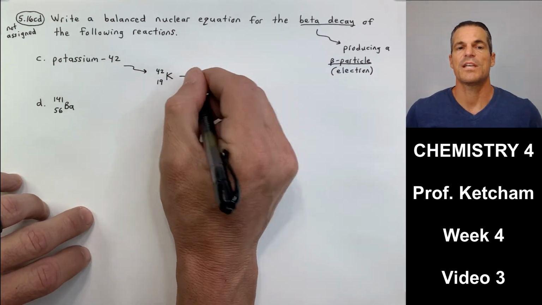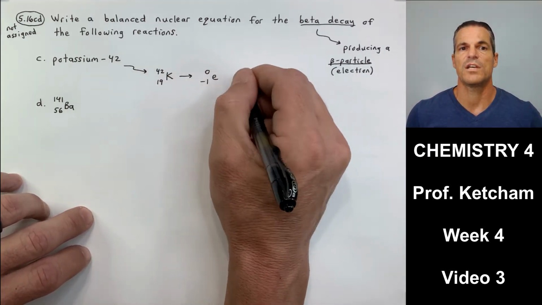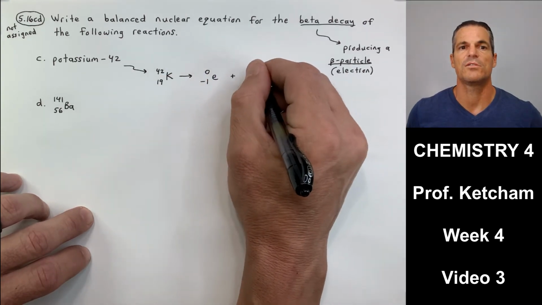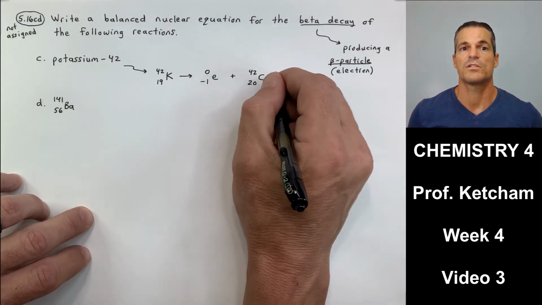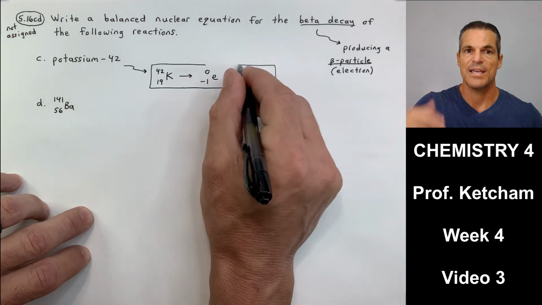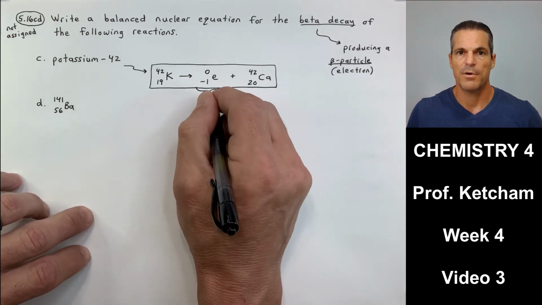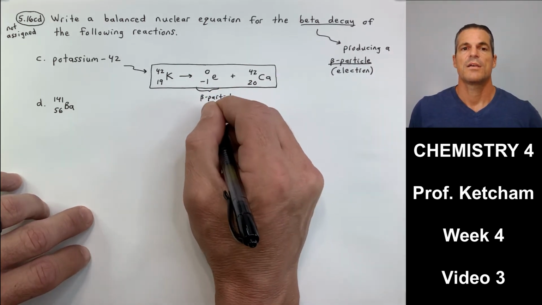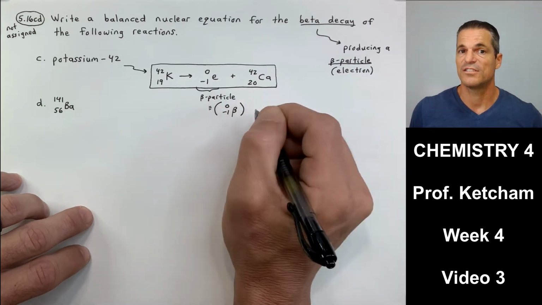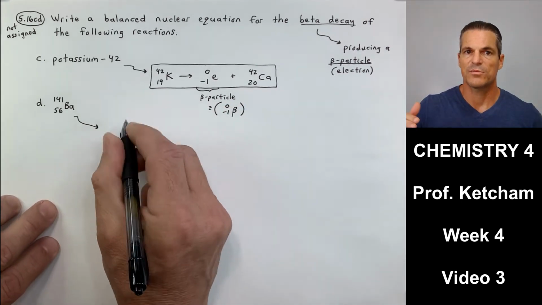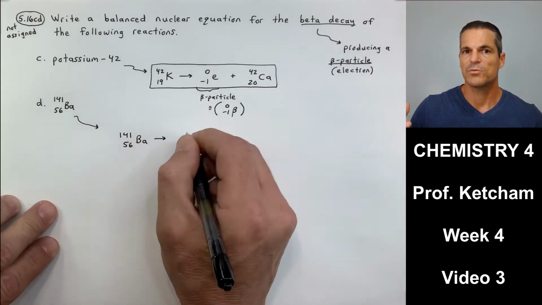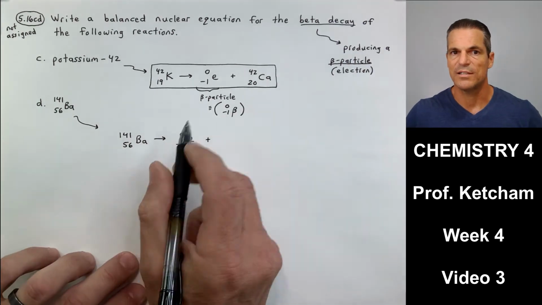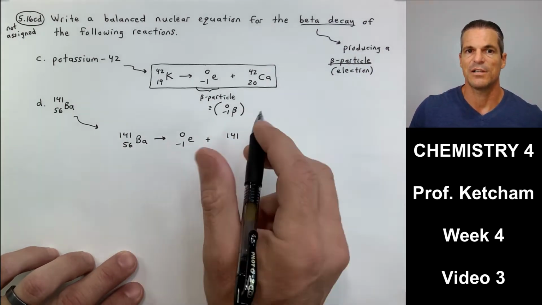So for C, potassium 42, that's in hyphen notation. I immediately put it into nuclear symbol notation, which is 42/19 K. I'm going to produce a beta particle, which is an electron. And the electron has a charge, Z, of -1. So that's why it's down there. So the -1 on the right means I have to have a 20 to bring it to the 19 that equals on the left.